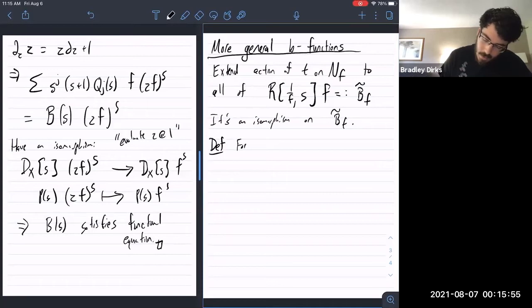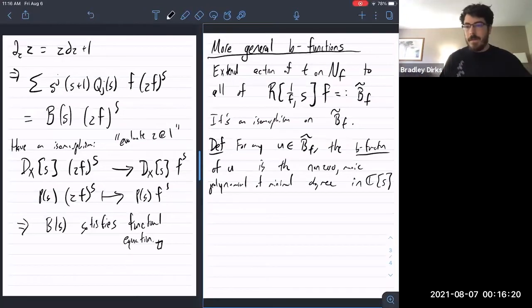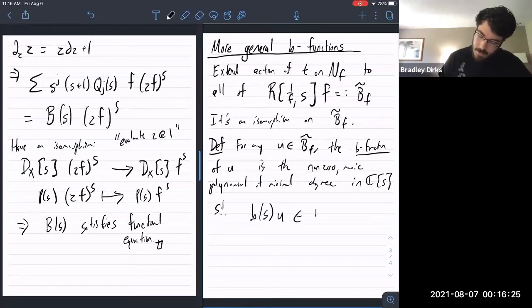for any u in this B_f tilde, the b-function of u is the non-zero monic polynomial of minimal degree in complex polynomials in a single variable such that b(s) times u is in this submodule, which is contained in this B_f tilde.